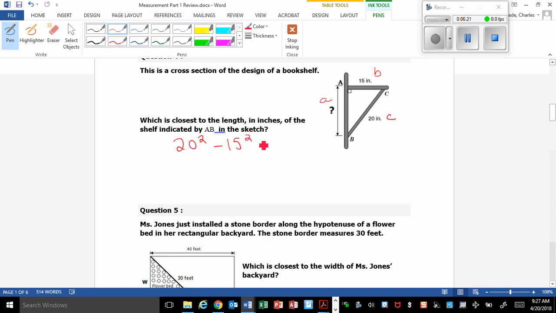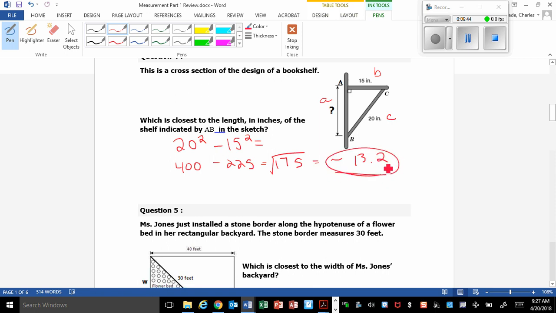In your calculator, 20 squared is 400. 400 minus 225 is 175. Then we hit the square root button. It gives us approximately 13.2.